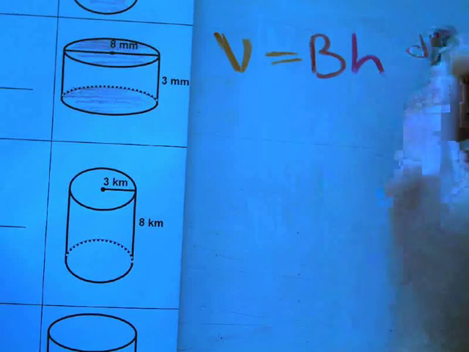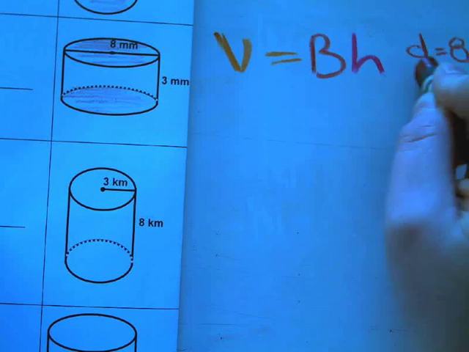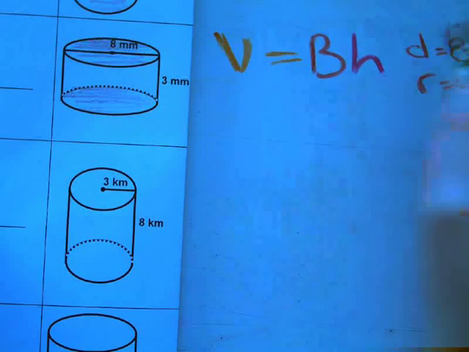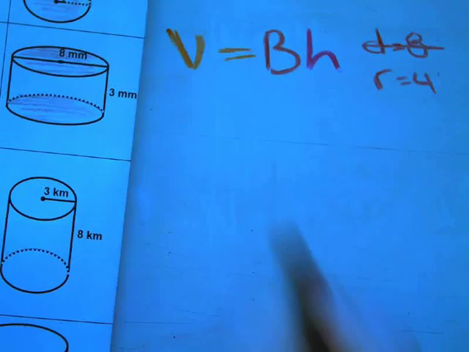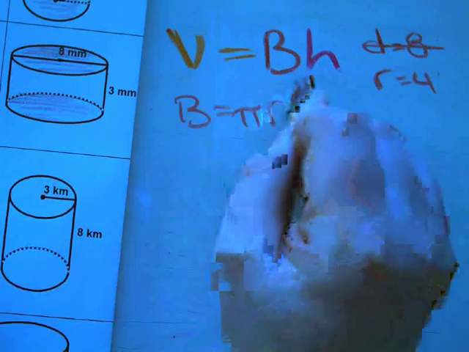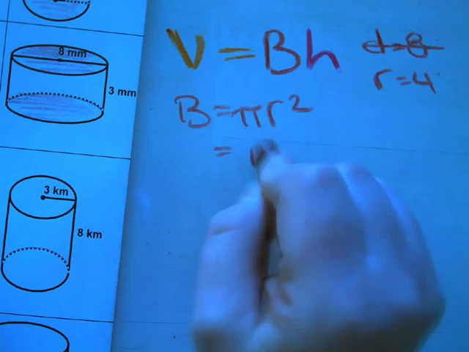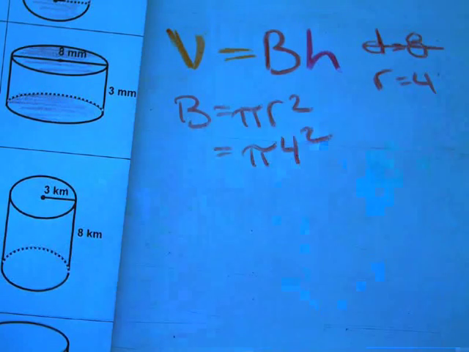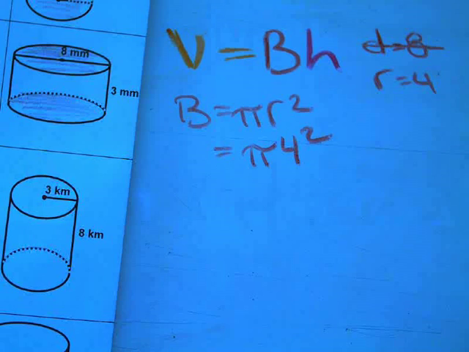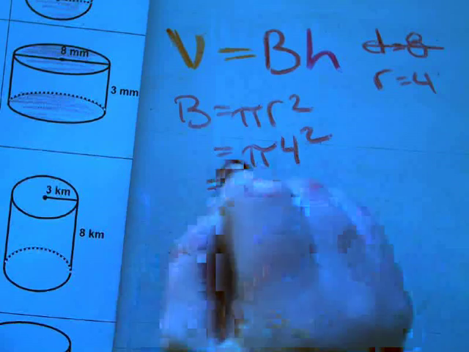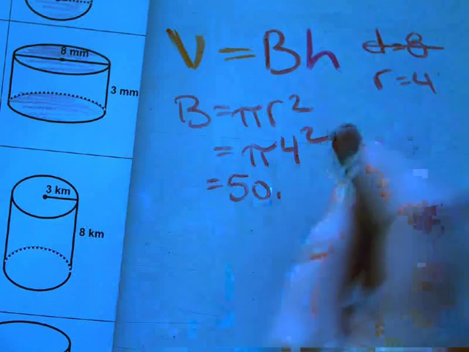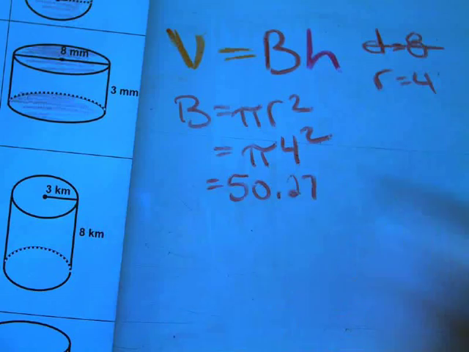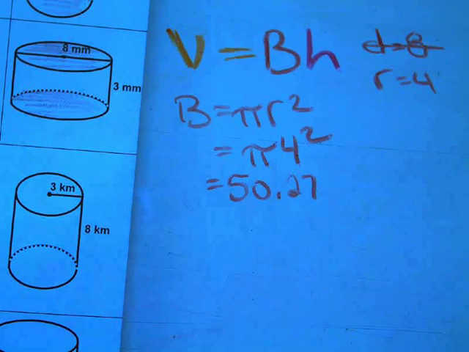So if my diameter is 8, then the radius is 4. Okay, I'm going to use the 4 in that formula. So my base is pi r squared, which is pi times 4 squared. So now I'm going to do 16 times pi, and that gives me 50.27-ish.